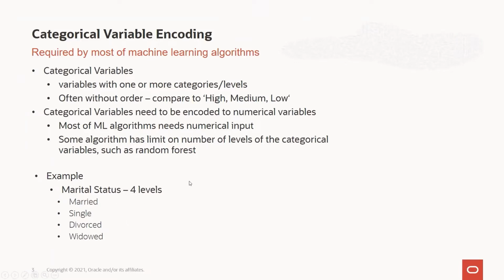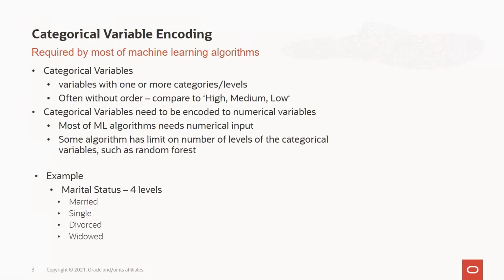So why do we need to do the encoding? Because nowadays, most ML algorithms need numerical input. A lot of ML algorithms, like SVM, are formulated as optimization problems on numerical values, so they only accept numerical input.